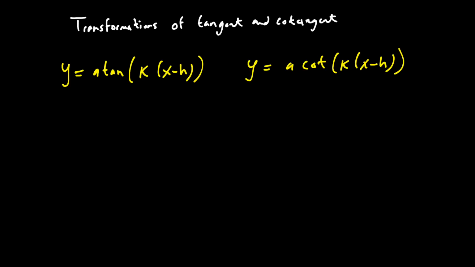Again, here we have that A is a vertical stretch for each of these graphs. K is going to be a horizontal stretch or compression. And K again determines the period of our graph. And finally, H is going to be a horizontal shift of the graph.